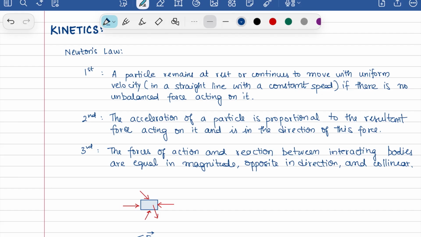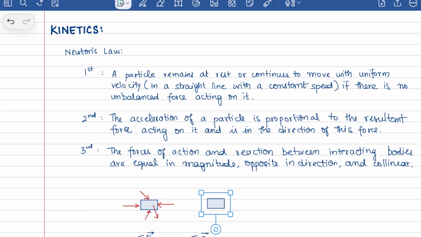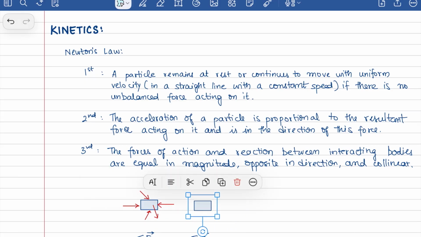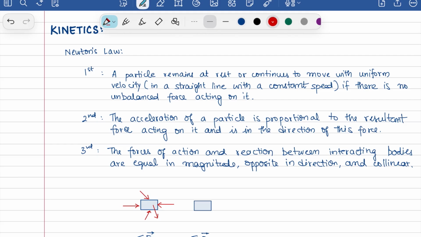This is equal to the sum of forces in the kinetic diagram. What is the kinetic diagram? It is accounting for the inertia of the same object. So this here is the object, and these are all of the external forces. Now in the kinetic diagram, what you draw is your inertial force. That is the acceleration that it has. Let's say it's in this direction. So this is MA.